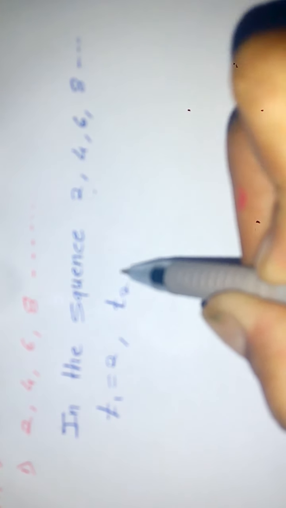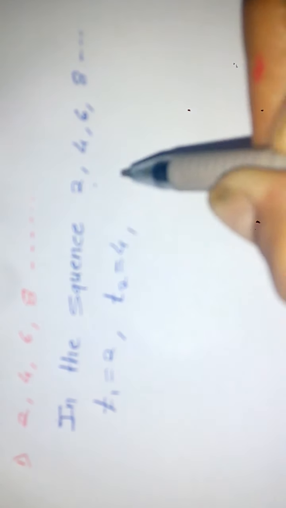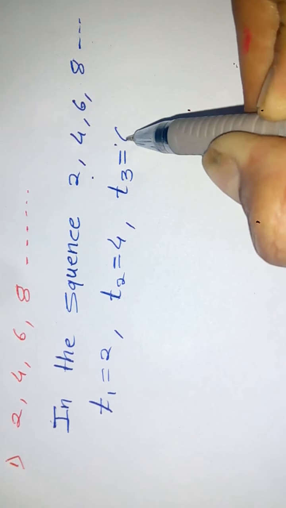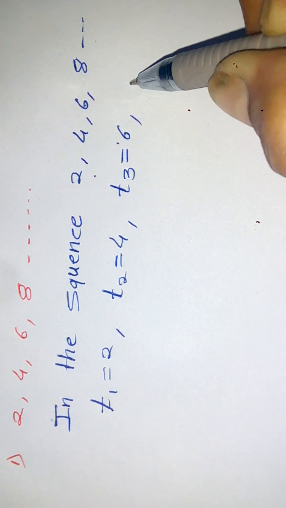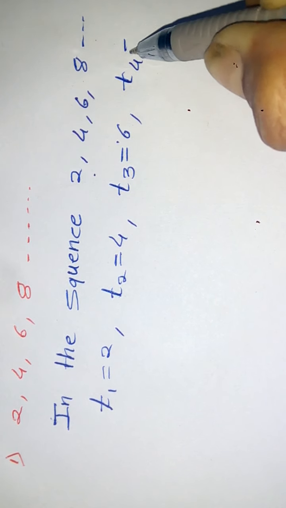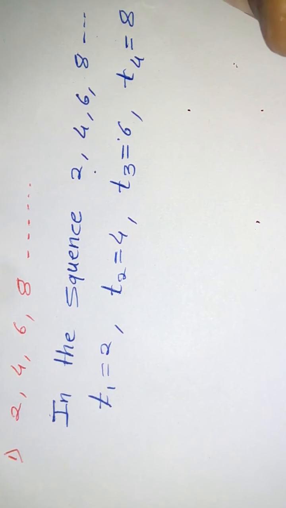Here T1 is equal to 2, T2 is equal to 4, T3 is equal to 6, T4 is equal to 8, and so on.